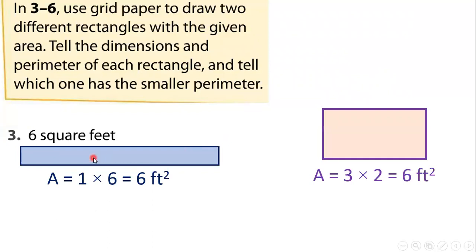Now we need to find the perimeter of each rectangle. These two sides here are 1 foot long, and these two sides are 6 feet long. So the perimeter of the blue rectangle here is 1 plus 6 plus 1 plus 6 equals 14 feet.